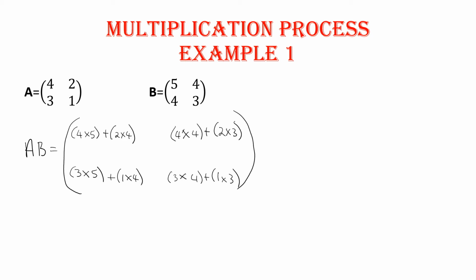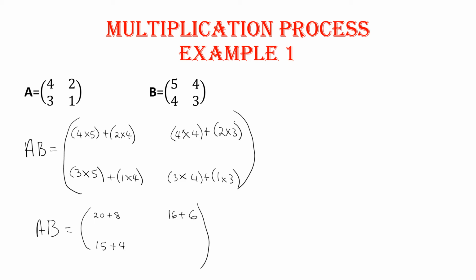And of course, we aren't done yet. From here, we still have to simplify. But I see simplification as an easy process. So this now is the same as AB is equal to, and I'll just simplify for now. 5 times 4 is 20. So that is 20 plus 8. Then we have here 15 plus 4. Then we have here 16 plus 6.